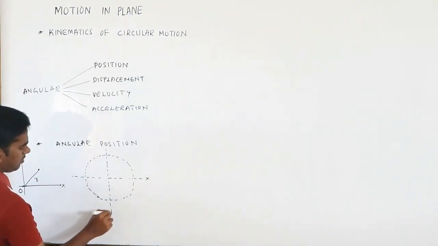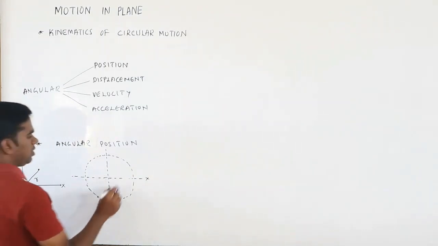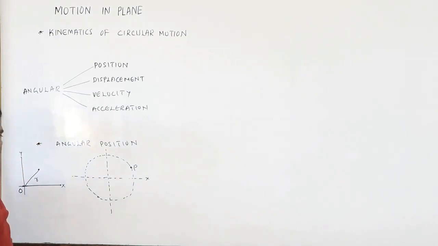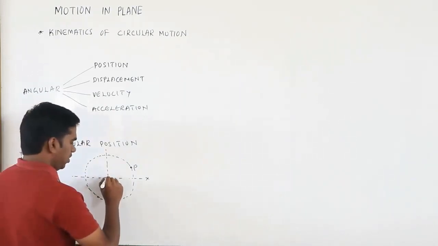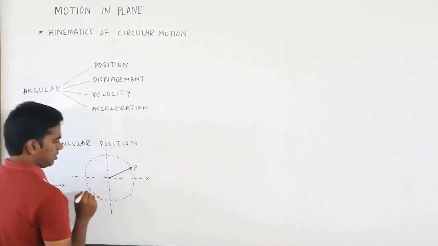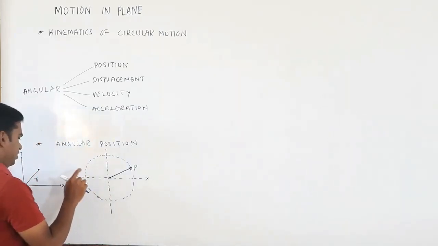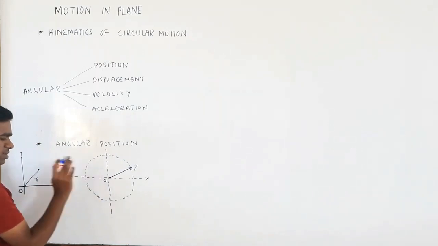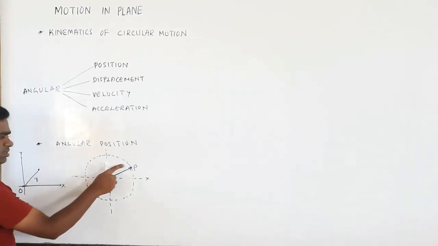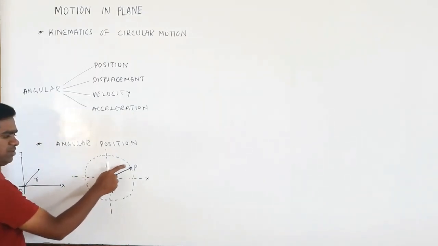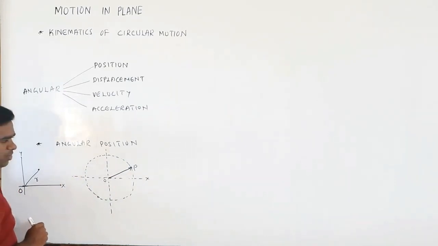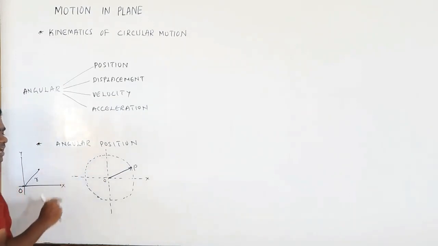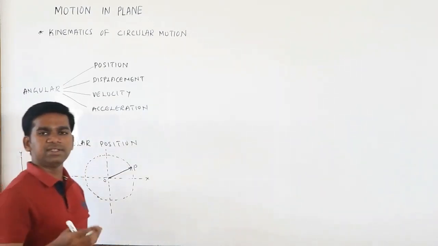Suppose your object is here at a point P. Join this one, and this will become a position vector. Now, what is the reference? Obviously the center O is there, but this is not your reference point. Then what about the position? We have to measure in terms of angular position. Angular means it is nothing but angle.